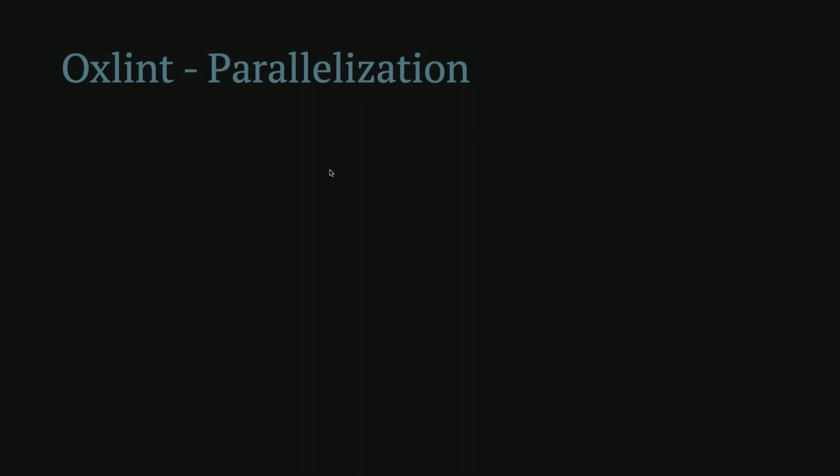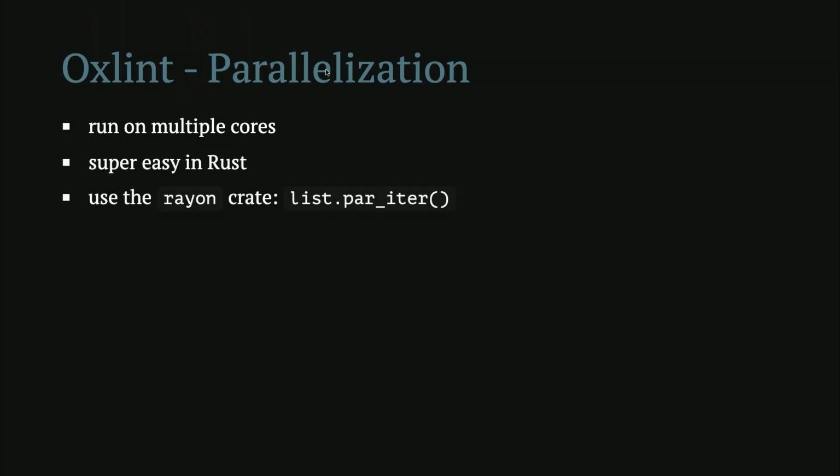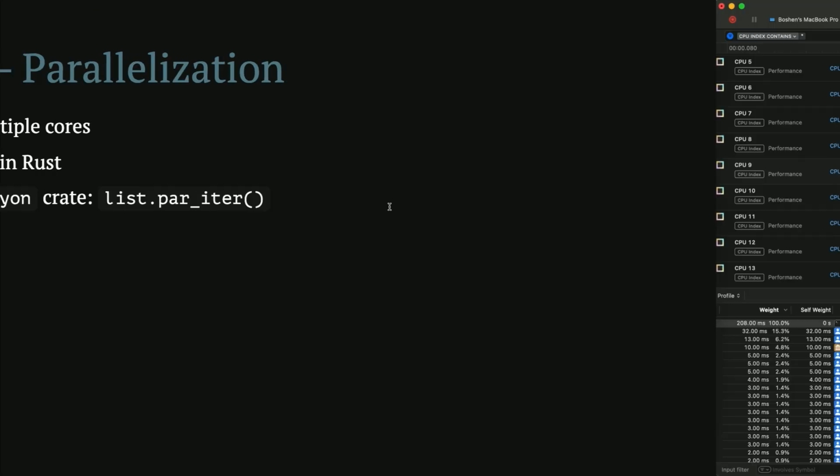One of the key features making it fast is parallelization. You run on multiple cores, and that's not doable in JavaScript unless you use workers, but workers are slow, and it's not native to the CPU machine. In Rust, it's just one line of code. If you have a list of data, you just do parallel iteration, and that's it.